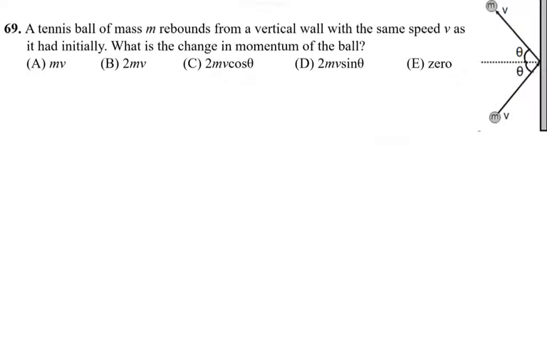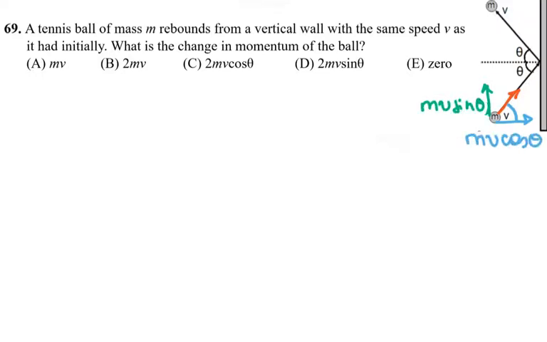So let's look at the momentum of the ball before. The ball has horizontal momentum and vertical momentum, and its resultant momentum is in this direction. This is angle theta as well. The horizontal momentum is mv cosine theta, and the vertical momentum is mv sine theta.